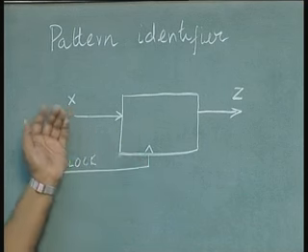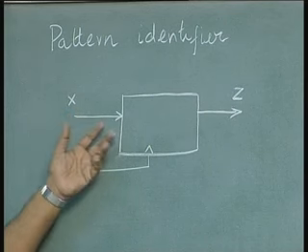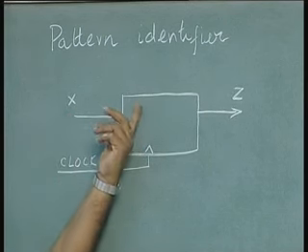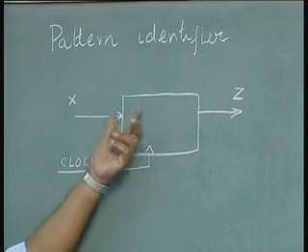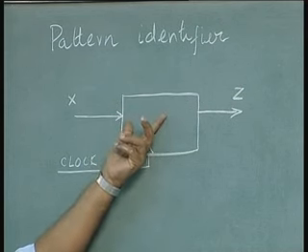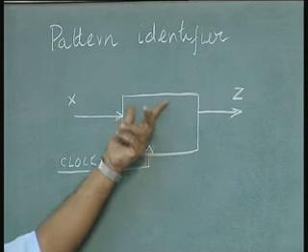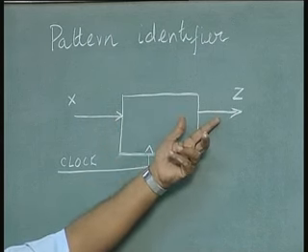and as the inputs occur, there must be some mechanism inside to get those inputs stored, and then when the particular pattern occurs, that pattern will be matched and then the output will be set.